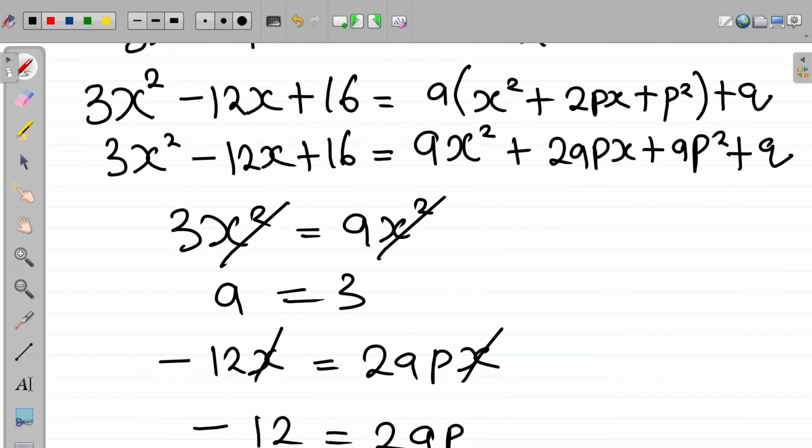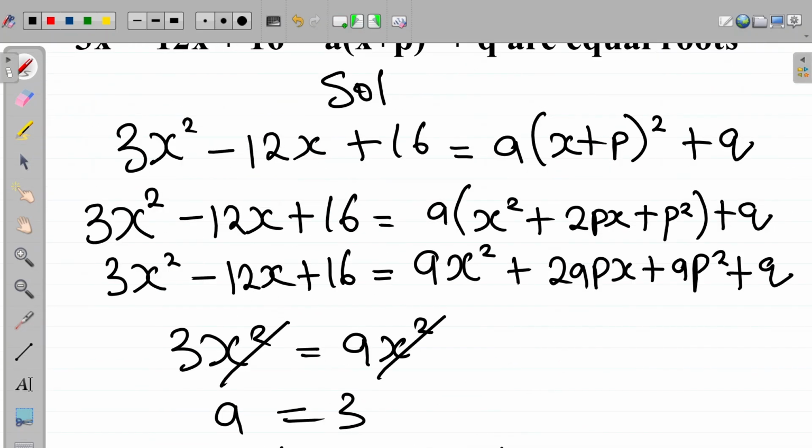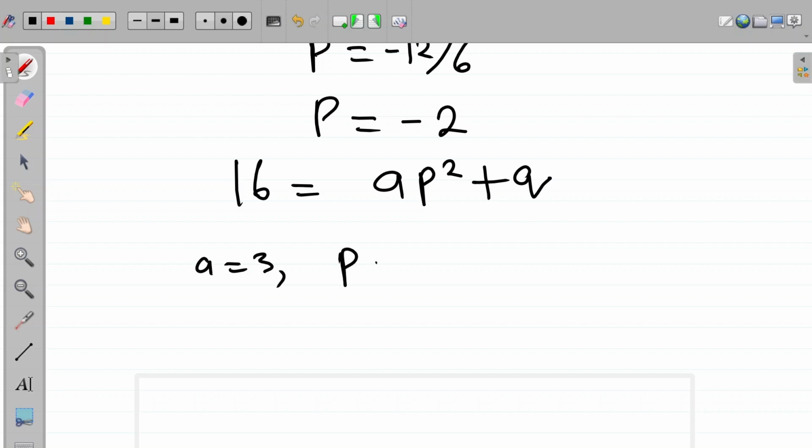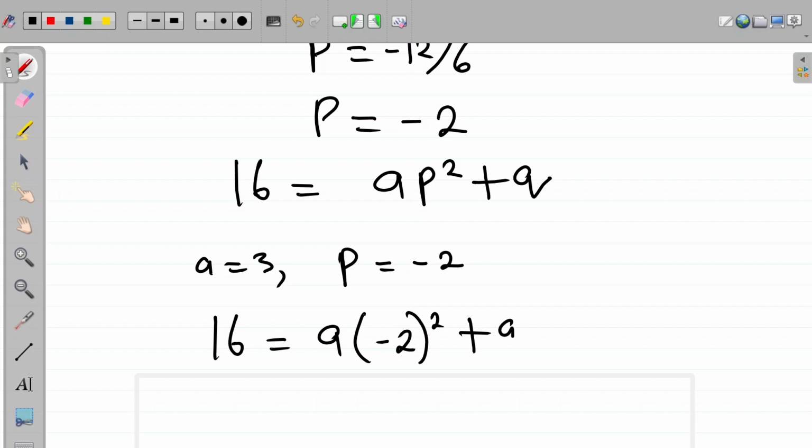Also, we can see that 16 is also equating terms with a p squared plus q. So 16 is equal to a p squared plus q. Now we have obtained the value of a, which is equal to 3, and the value of p, which is equal to minus 2. So our equation becomes 16 equal to a multiplied by minus 2 all squared plus q.